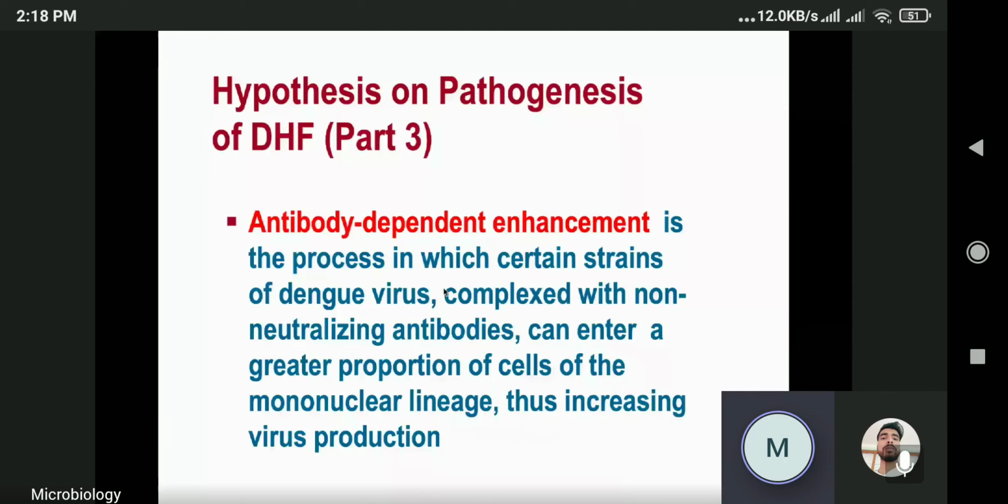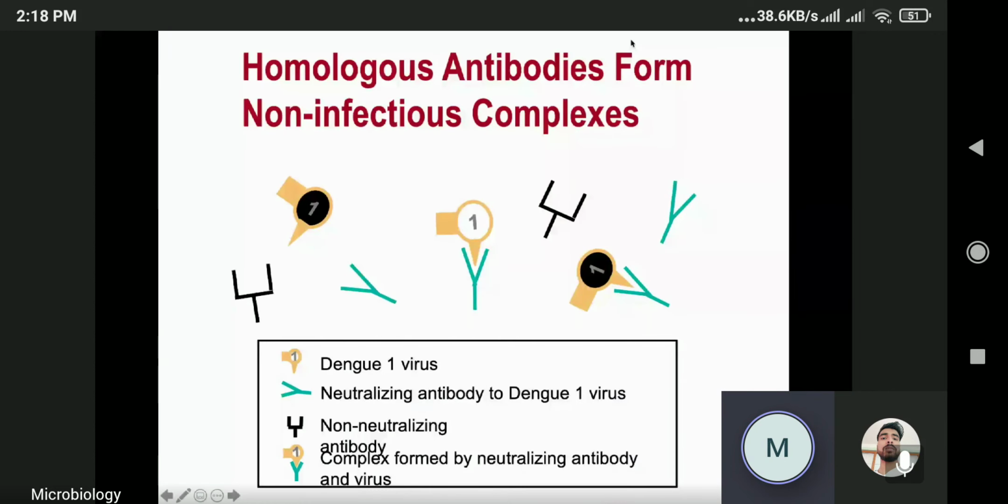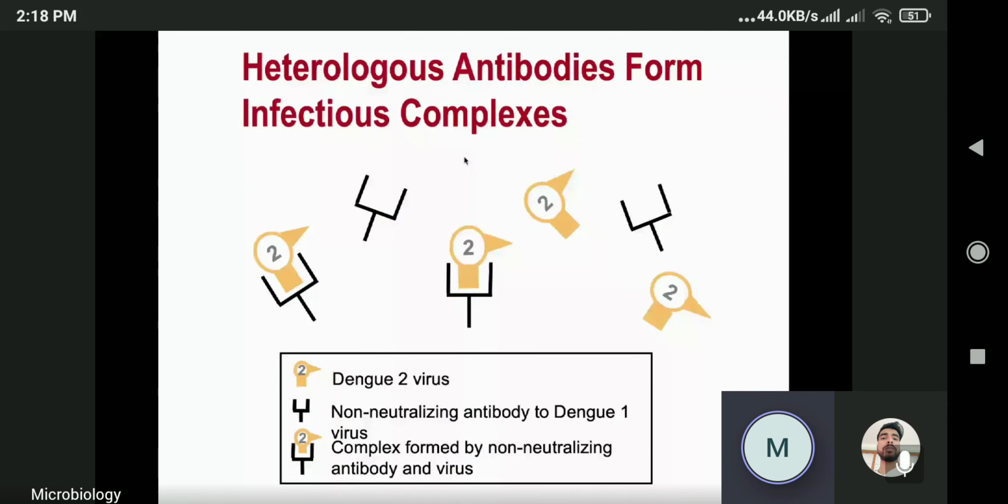Got it? Okay, I'll explain again. If the antibodies are produced by a certain serotype, the antibody produced is protective for that serotype one. This figure explains it like that. Here, if the antibodies are produced by another serotype, then it will not protect against the new serotype.